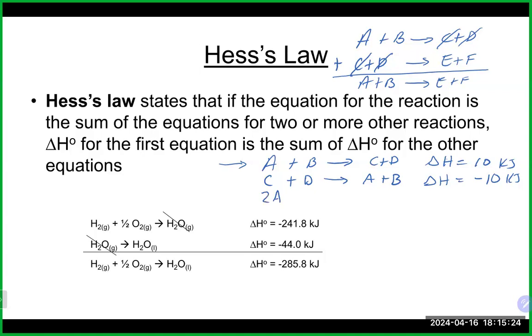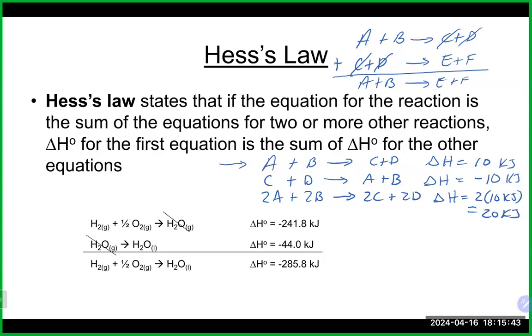And if I take 2 times A, 2B, 2C, 2D, how that affects the delta H is you would also multiply the delta H by 2, and that would give us 20 kilojoules for this particular reaction.